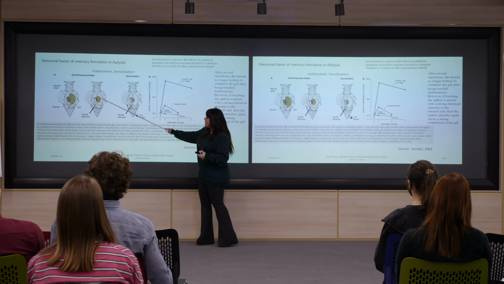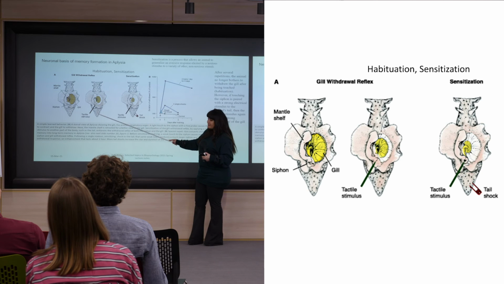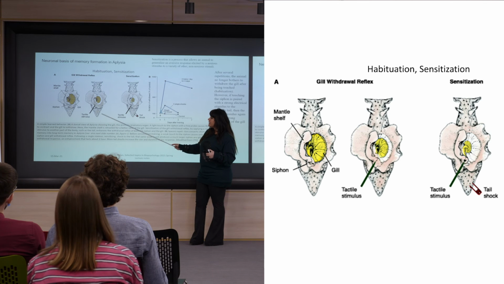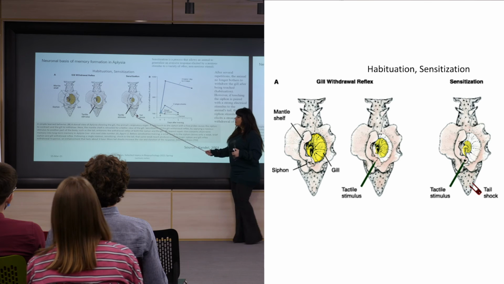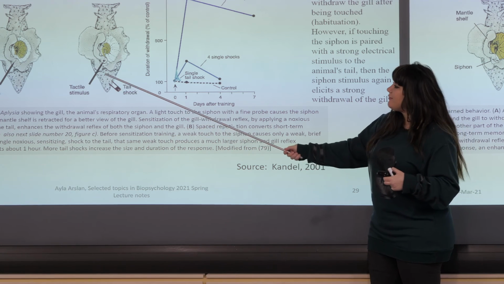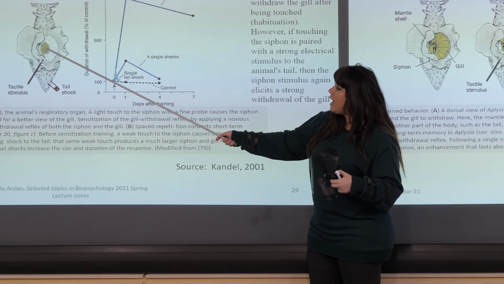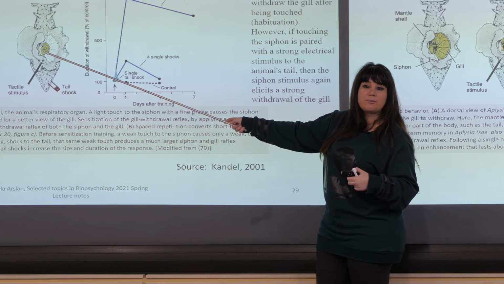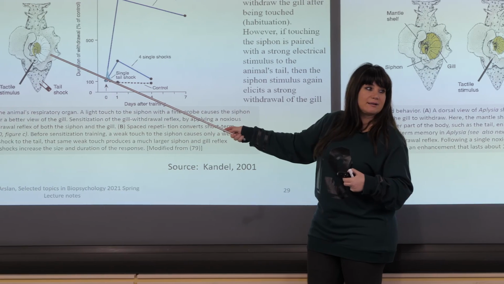This is the first stage and this is the second. But then we can sensitize the response of the animal if we pair the siphon stimulation with an electrical shock to the tail. When the siphon stimulation is paired with the tail shock, look at how prominent the gill withdrawal is compared to the first stage or even the habituated state.